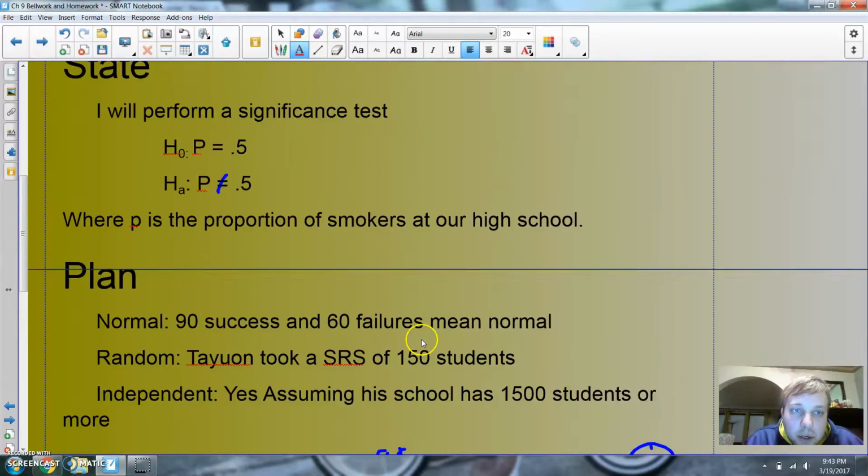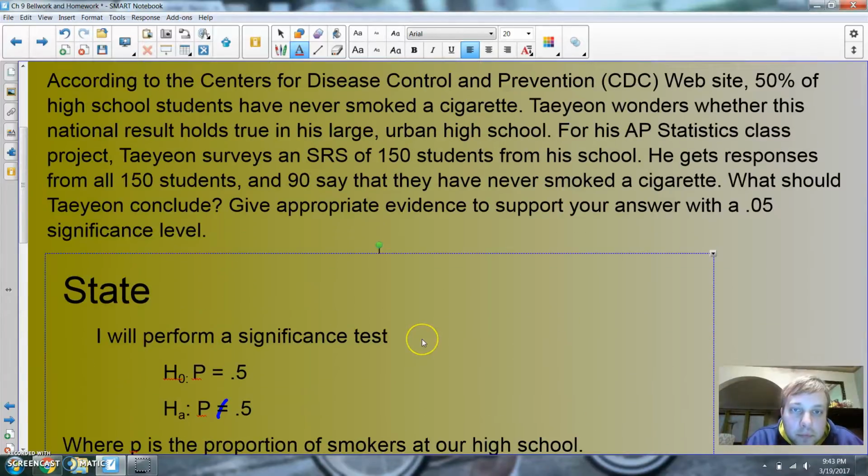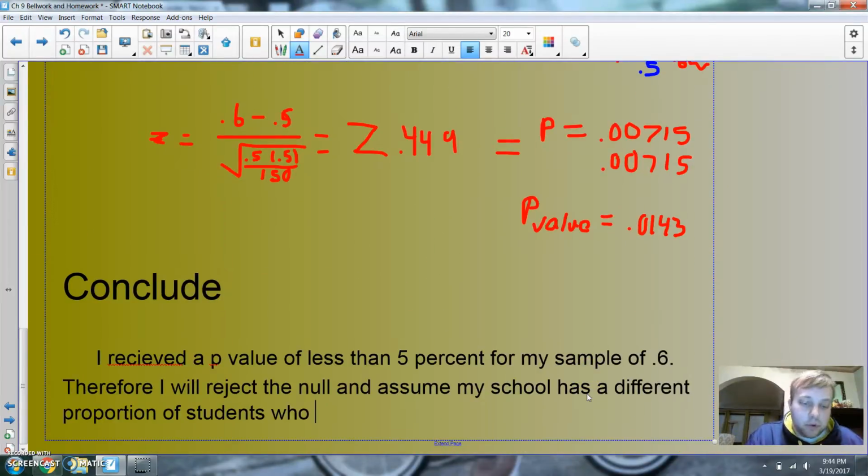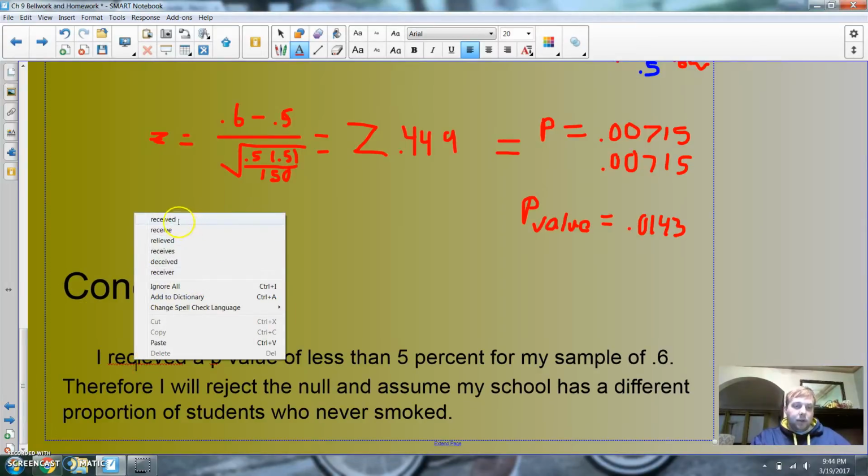It is never smoked, right? Yep, never smoked. Proportion of students who never smoked. Period. Let's fix a couple of spelling errors.